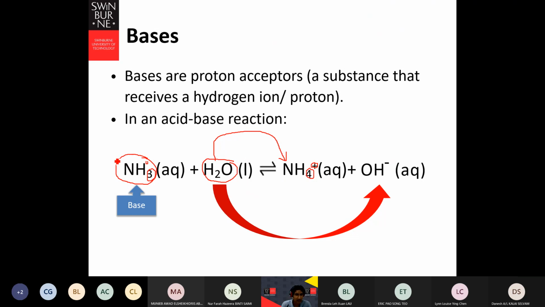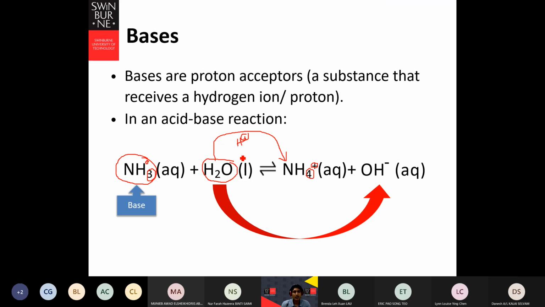You see, it was 3 on the left, on the reactant side. Now on the product side, it becomes 4 hydrogens. And since this hydrogen is coming from H2O as a proton, it is carrying one positive charge. It's adding this positive charge to the neutral ammonia and increasing the positivity. So NH4 plus it becomes.